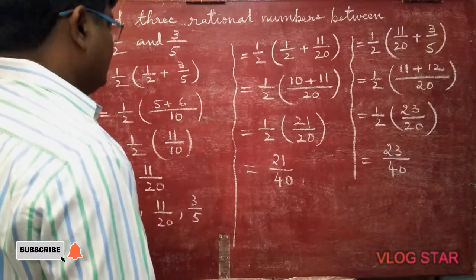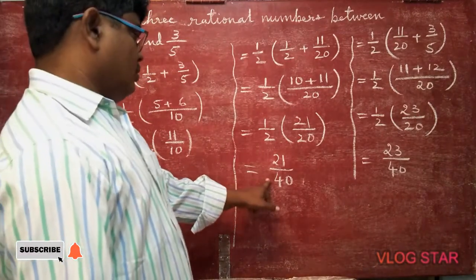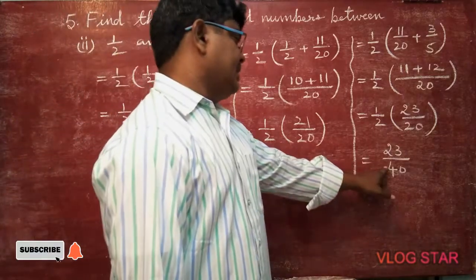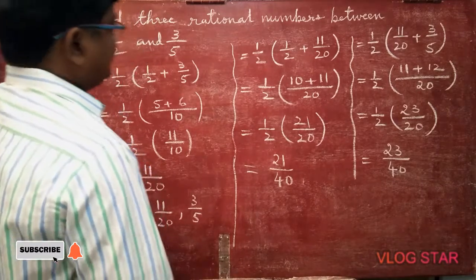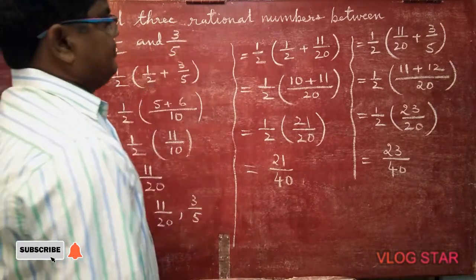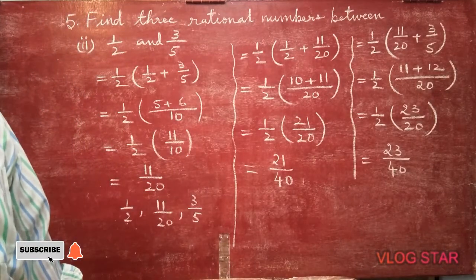Now they are asking, find 3. What are the 3? 11 by 20, 21 by 40, 23 by 40 are the 3 rational numbers between 1 by 2 and 3 by 5. Write that word.